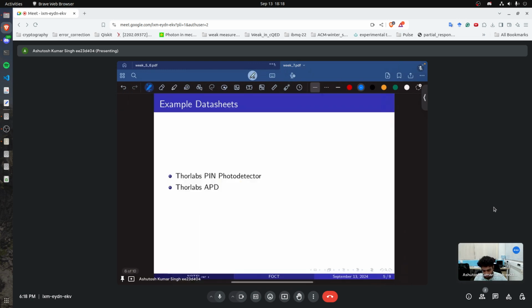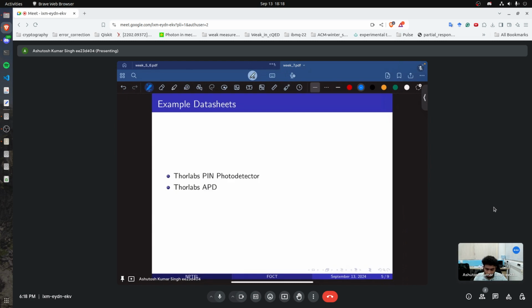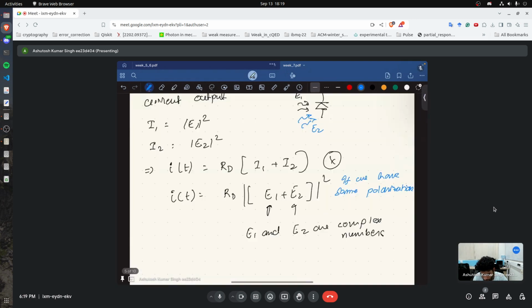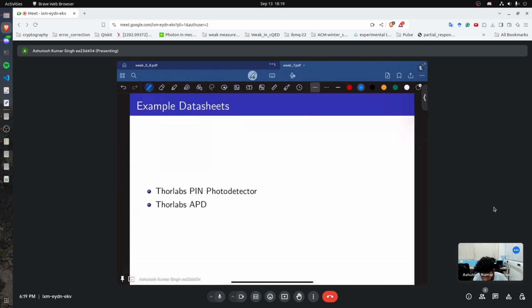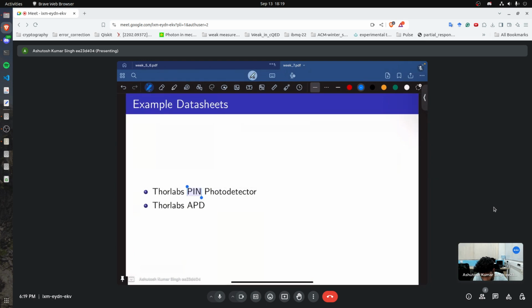Now moving on to this, I have some examples, because all of us are eventually going to design this in real life. So I just wanted to look at some of the data sheets that are available there. So let's go to Thorlabs PIN photodiode. Seems to be a trouble in my hyperlink.